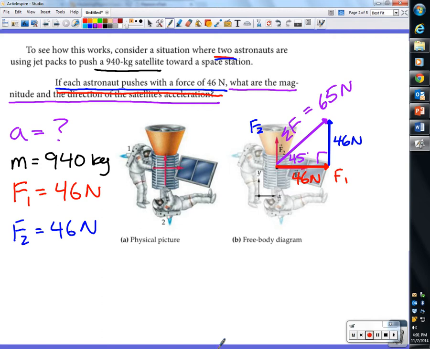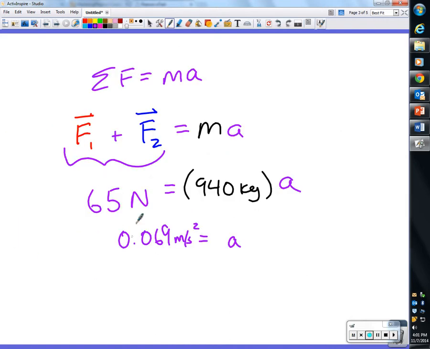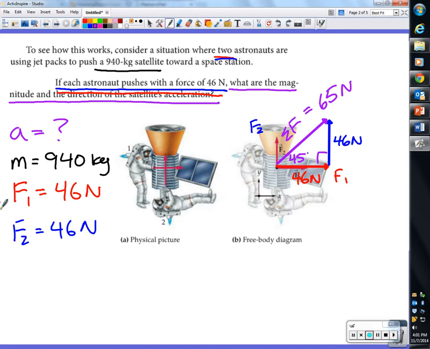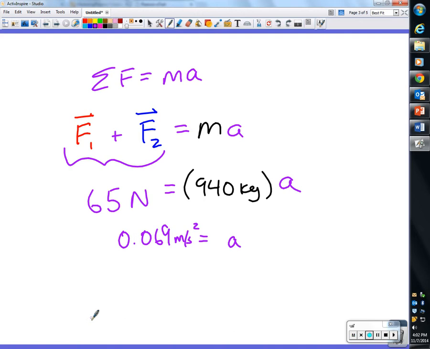So, the net force is actually 65 newtons at 45 degrees above the positive x-axis. But because net force causes acceleration, the acceleration will as well be 45 degrees above the positive x-axis.